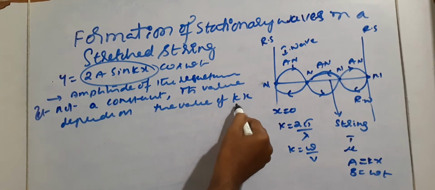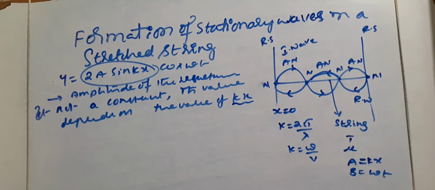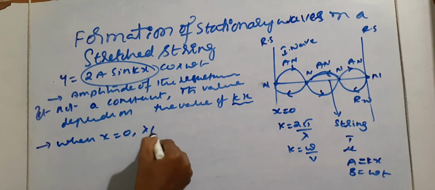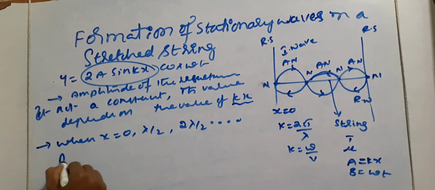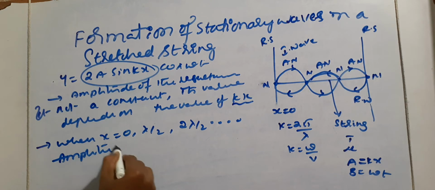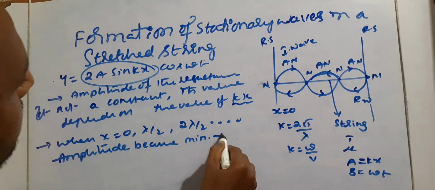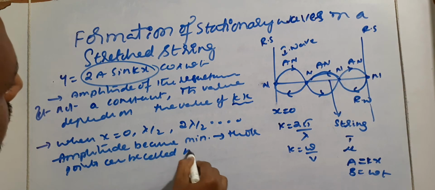So by substituting these values in kx, you can observe when the amplitude is a maximum and when the amplitude is a minimum. So when x is equal to 0, lambda by 2, 2 lambda by 2, and so on, the amplitude becomes minimum, and those points are called nodes.